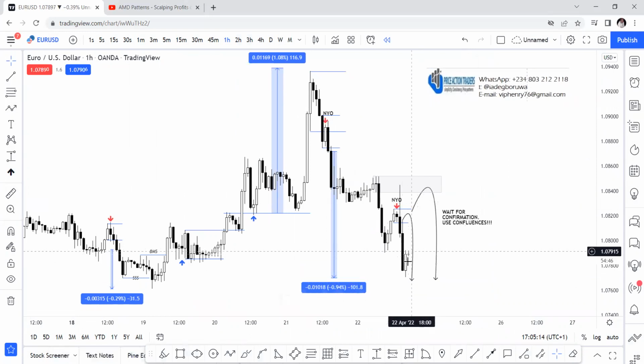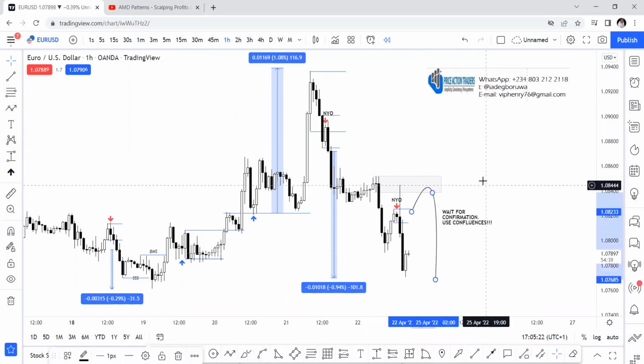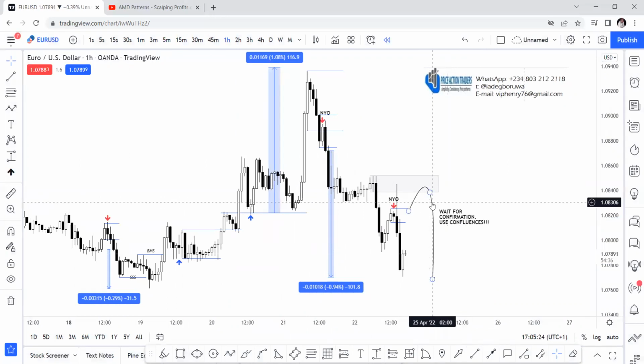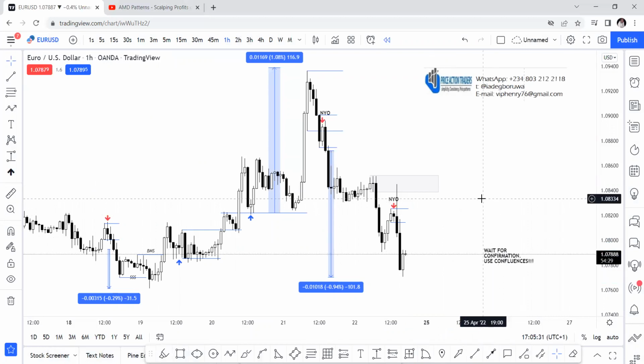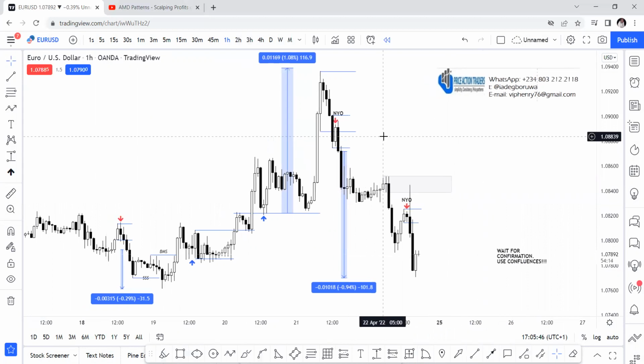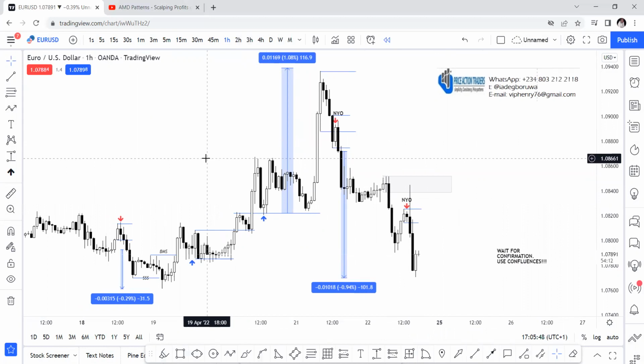I told you, you need a time zone, then you need the setup, that's the pattern. You need to get a pattern setup. Then you need a confirmation on the pattern before you sell. You need to confirm. Then you can use some confluences.